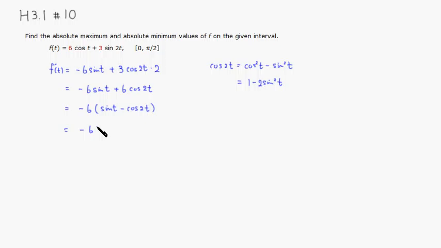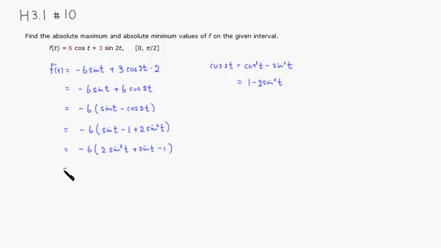Negative 6, so you have sine of t minus 1 plus 2 sine squared of t. If we rearrange it, you have 2 sine squared of t plus sine of t minus 1.